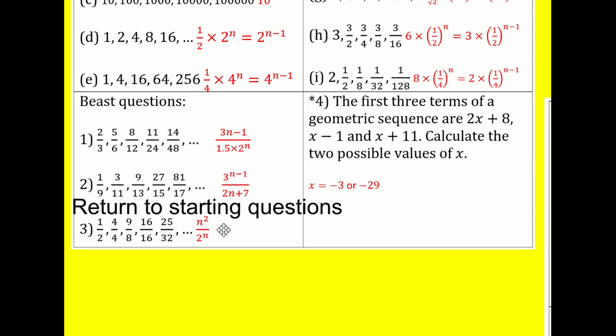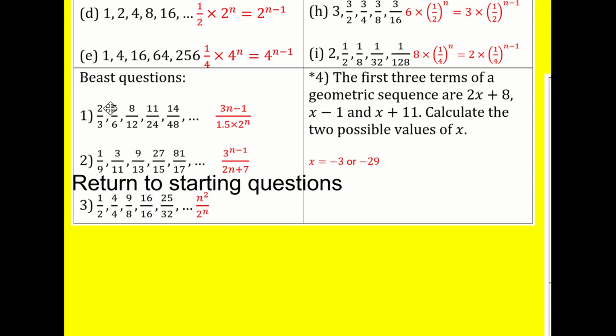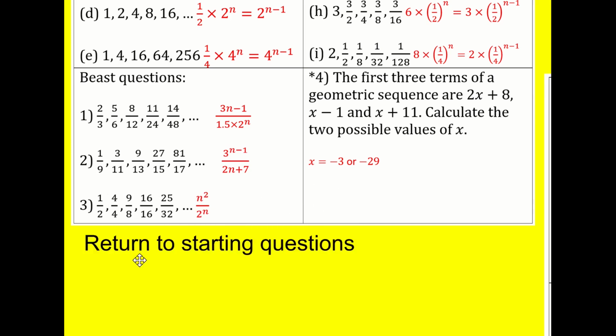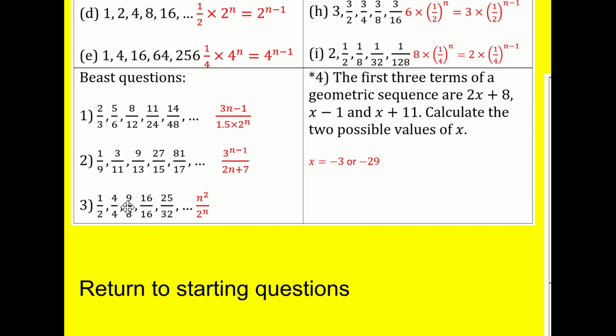That's going to be a tough problem. But actually, the top is just a linear sequence, 3n minus 1. And the bottom is a geometric sequence. For this one, it's vice versa. The top forms a geometric, the bottom a linear. 2 is probably a little bit easier than 1. And then I've thrown in a quadratic sequence for the numerator and a geometric sequence for the bottom one.